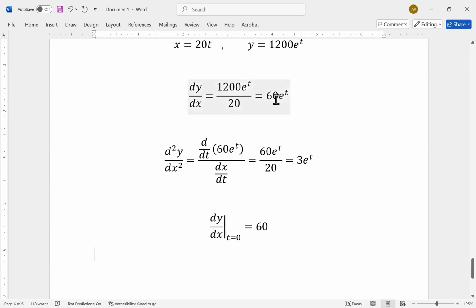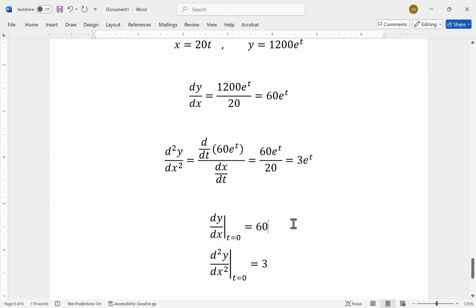When I plug in 0, e to the 0 power is 1. 1 times 60 is 60. And then the second derivative with respect to x at t equals 0, I'm going to get the number 3. So this again tells me concavity. This tells me slope of the tangent line.